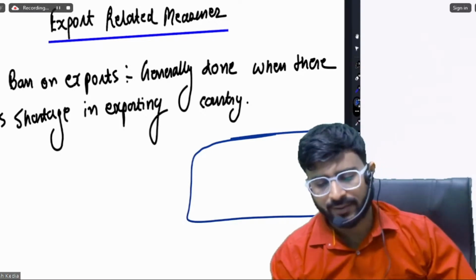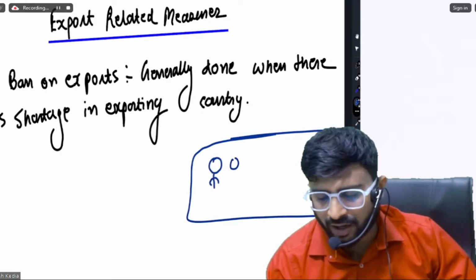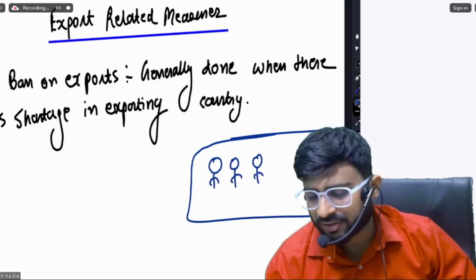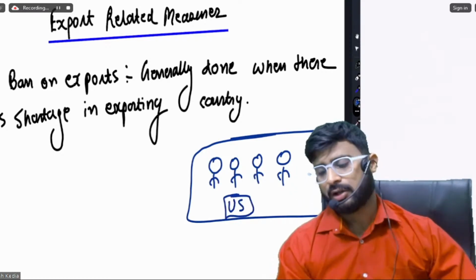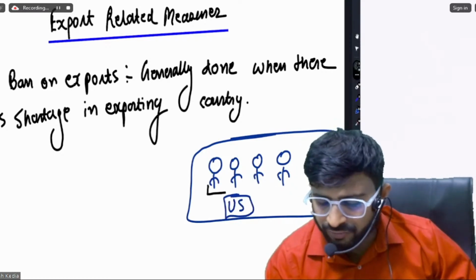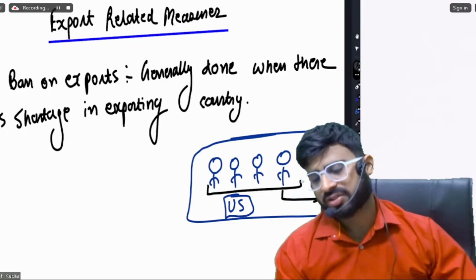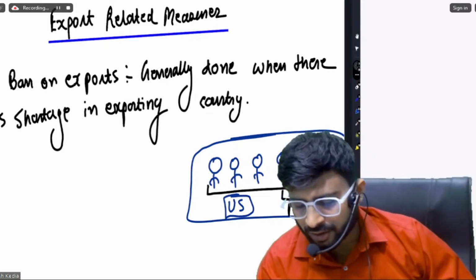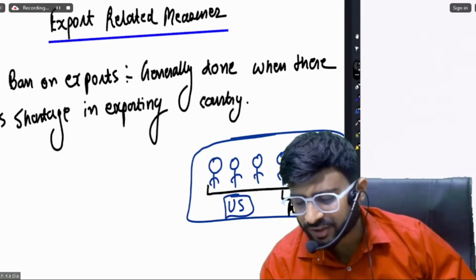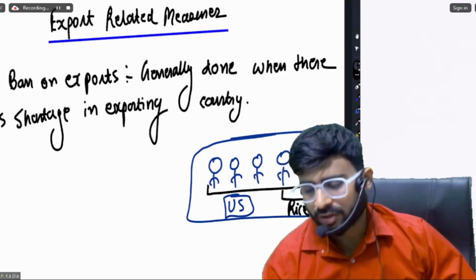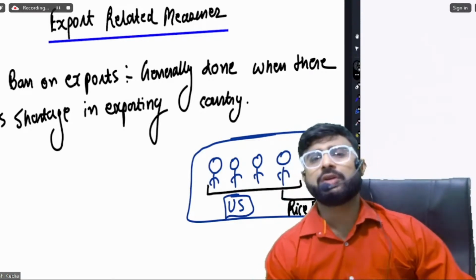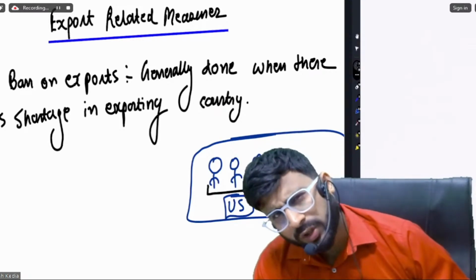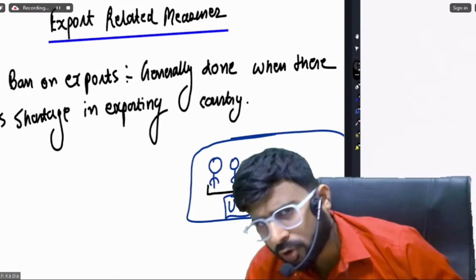These are some farmers, suppose in the United States of America. Normally these farmers collectively export some rice and wheat out of USA. But suppose there is a famine, a shortage of food in USA. Will the USA government allow the farmers to export food?